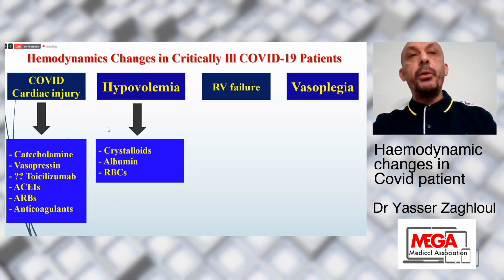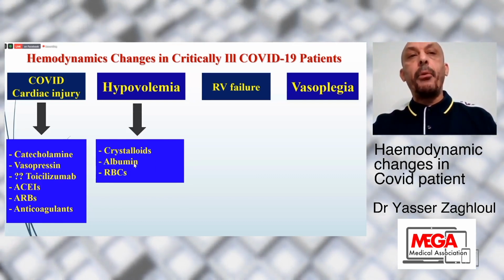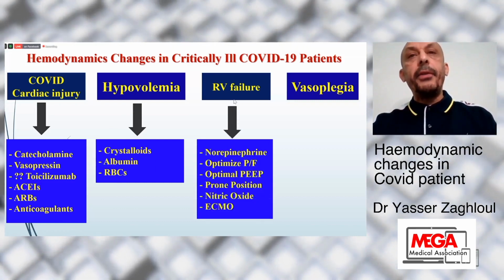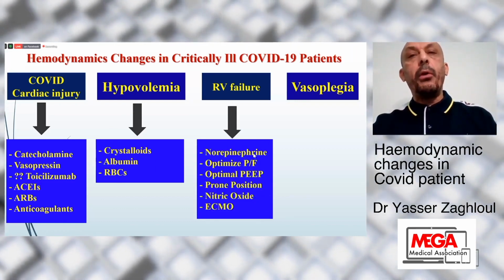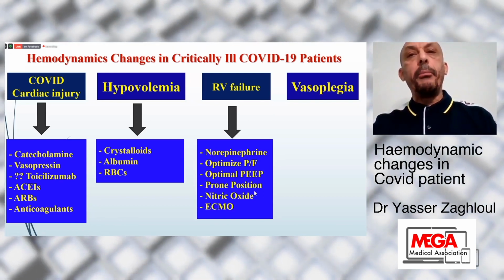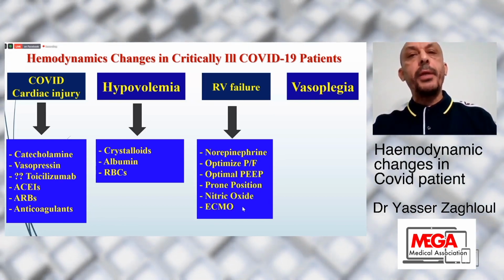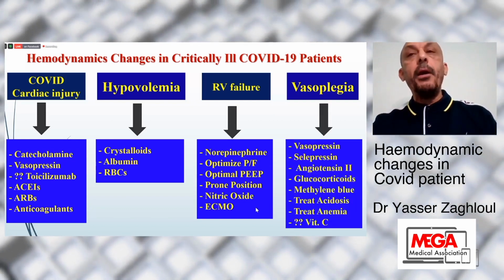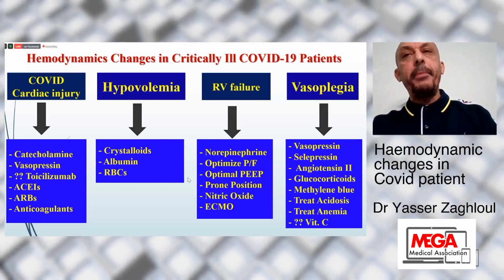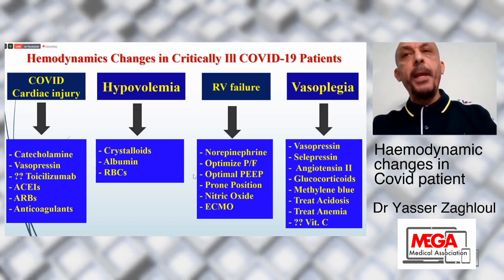Hypovolemia may be treated with crystalloids, albumin, and blood transfusion if the patient is anemic. For right ventricular failure, you may need norepinephrine, optimization of oxygenation, the optimal PEEP, you may need proning, nitric oxide, or even ECMO.